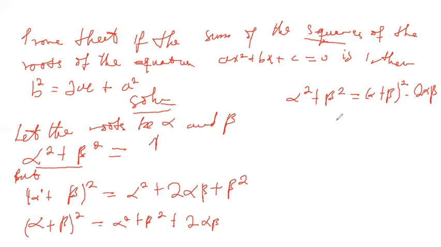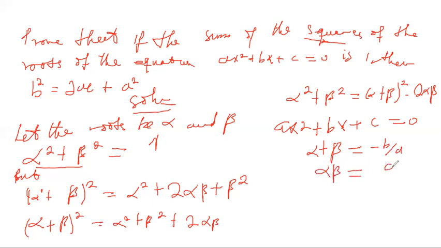Then we can say now, if there are the roots up here, what would be... So if our equation is ax squared plus bx plus c equals 0, what is alpha plus beta? Alpha plus beta is negative b over a. Then alpha beta is c over a.